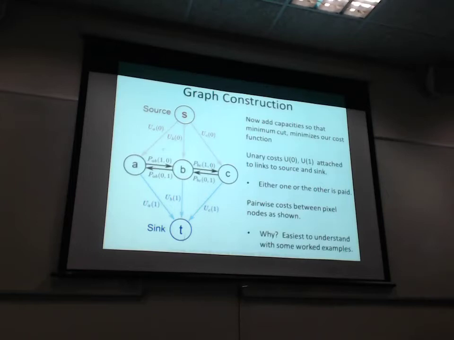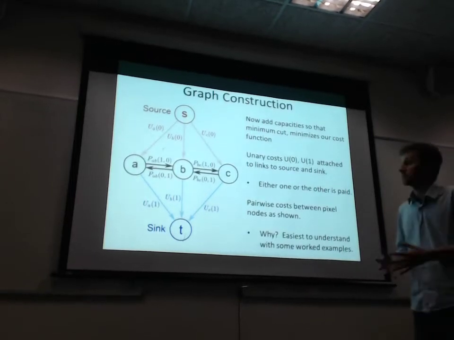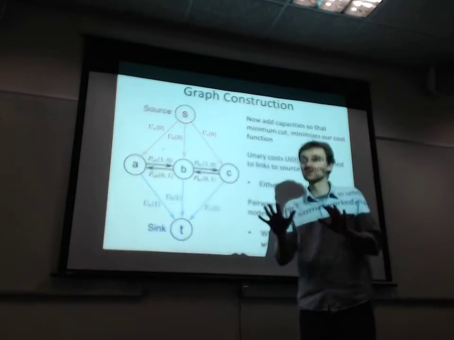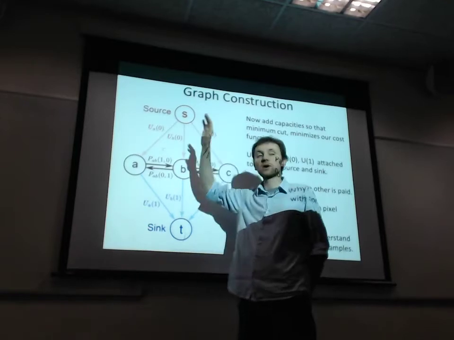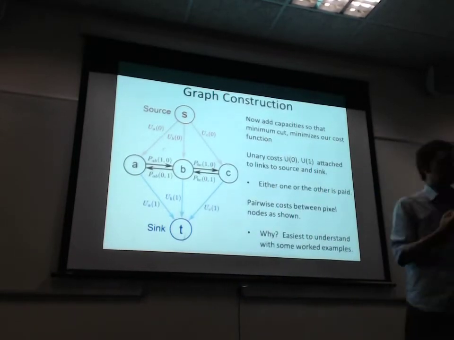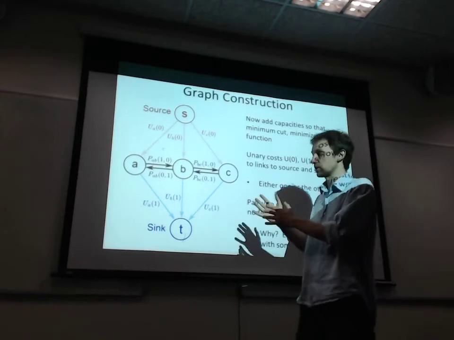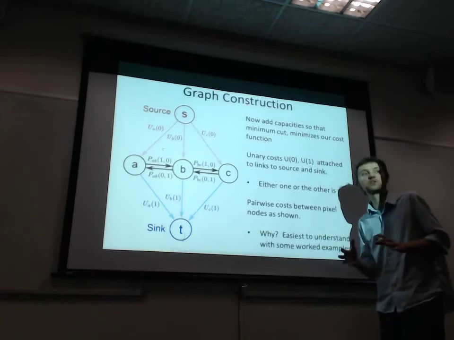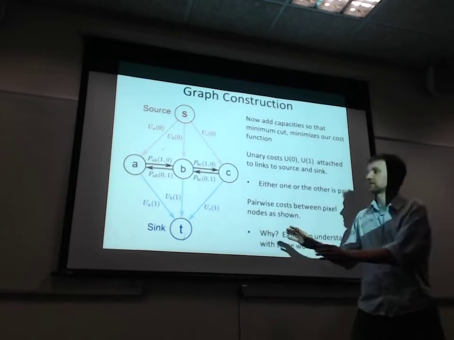Now we have to talk about what we do in terms of the capacities. So we're going to add the capacities in the following way. For now, I'm not going to pull the rug out from under you. We're going to build up the solution in steps. For the simplest case, this is what it looks like, but then we will have to make it a little more complicated. So please be prepared that this isn't the final answer.